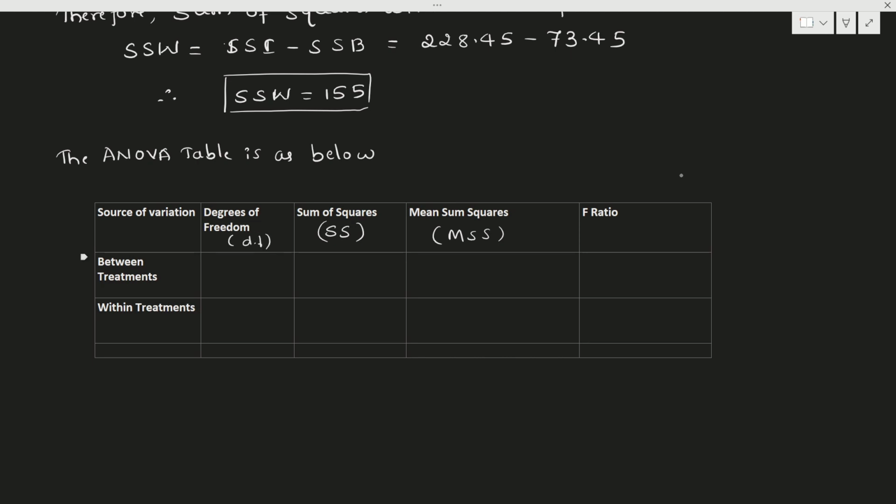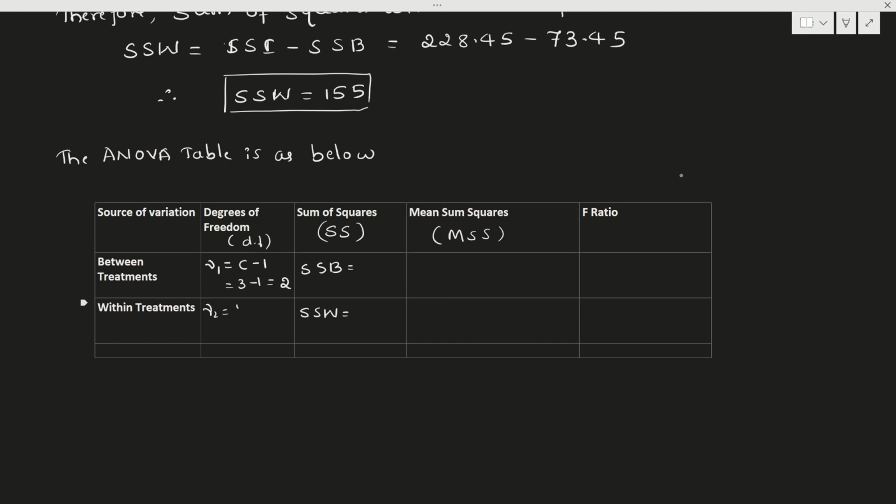Here we have between treatments and within treatments, with sum of squares SSB and SSW, which we have already found. Degrees of freedom between the treatments, nu 1, is C minus 1. C is 3, the number of columns or treatments, so 3 minus 1 is 2.